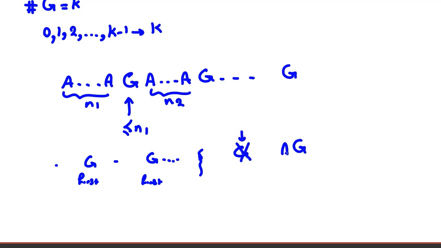You have these g's, so you have some number of a's here, you have some number of a's here, g, and so on. It's for example, first g, second g to kg. So it is first g that we can't apply, third g to kg.